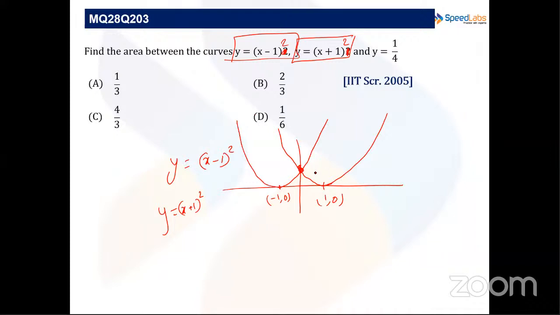These two will intersect here at x equals 0 and y equals 1, that is 0 comma 1, and we are having a line y equals 1 by 4, so that line will be this one.